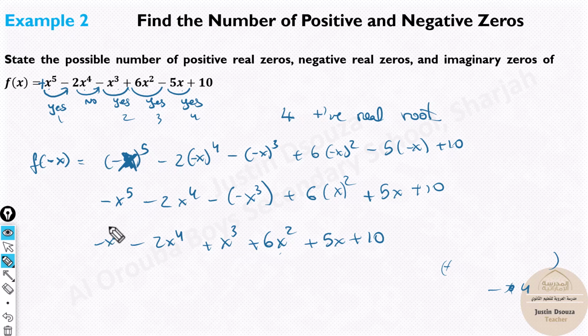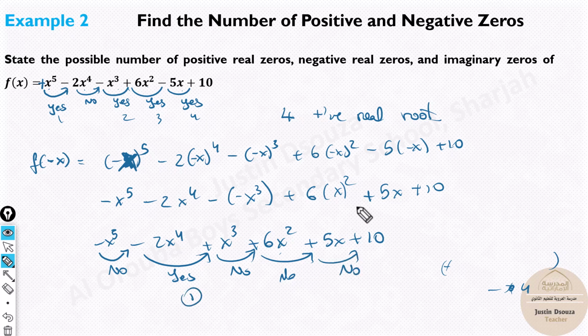Now we do again the sign change thing. Let's see over here. Minus to minus, there is no sign change. It remains the same. But minus to plus, yes, there is a sign change. Plus to plus, no, there is no sign change. No sign change and no sign change. So there is only one. So we will have one negative real root.